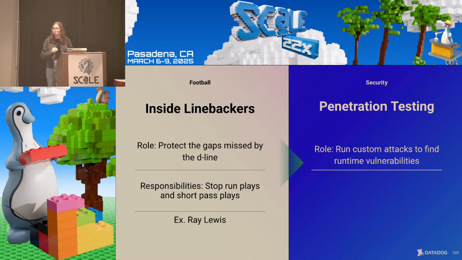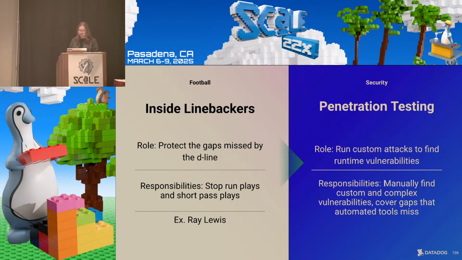They can do whatever they want, essentially, because they're a human. They're not automated. Now, they can run automated attacks that they've created or that they have at their disposal. However, they've got a brain. They can think through things. They're able to connect different pieces together. And so they are trying to manually find vulnerabilities that are specifically custom and complex.